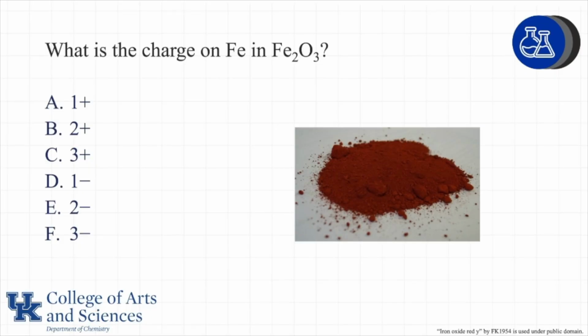What is the charge on iron in Fe2O3? This goes back to what we did in the previous lesson of identifying the charge for transition metals. For iron, we label it X because we don't know what the charge is. Oxygen has a -2 charge in ionic compounds. We can set up our equation: 2 times X for the iron plus 3 times -2 for the oxygen.